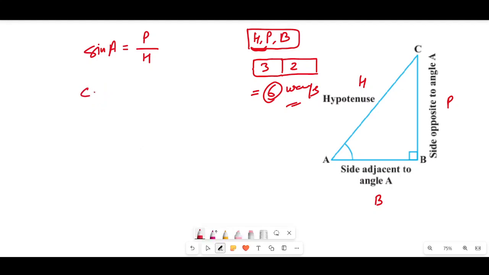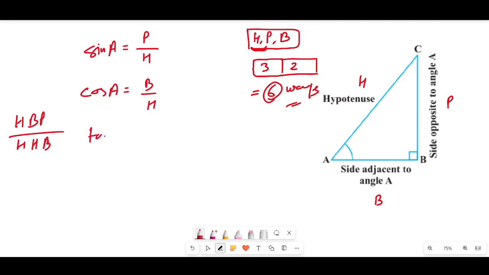Now cos A is B by H, base and hypotenuse.